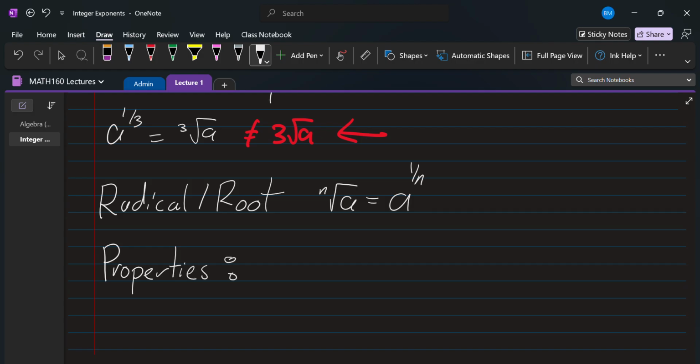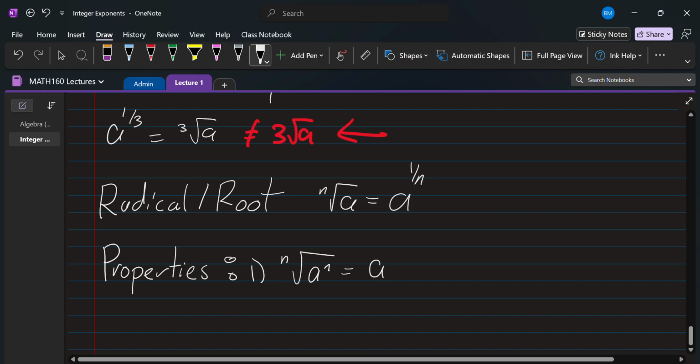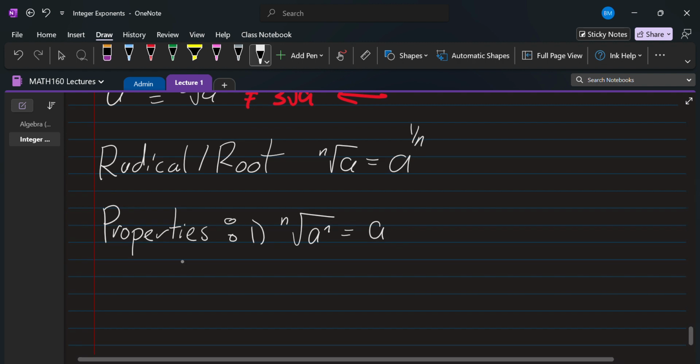So radical or root means the same thing. If you're looking in the textbook, I think Stewart calls it roots. At some point, they do switch over to using the word radical, but it's the same thing. So the nth root of a is just a to the 1 over n. Again, same thing.